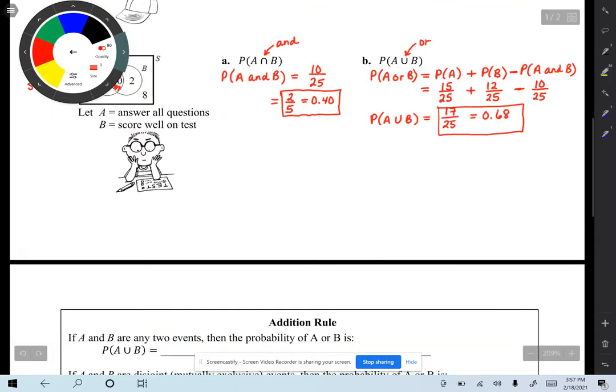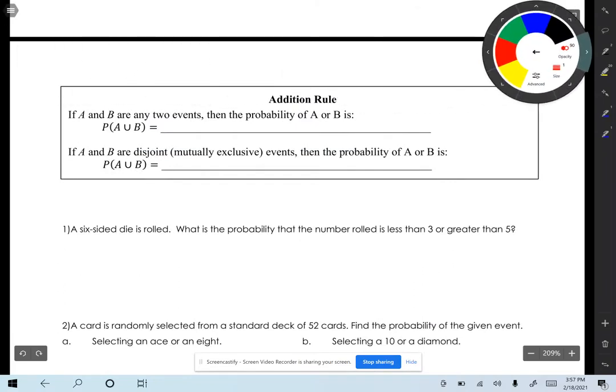That last problem B will lead us up to our formulas for this section, and it's called the addition rule. If A and B are any two events, then the probability of A or B, again, or, is equal to the probability of A plus the probability of B minus the probability of A and B. Put and here.